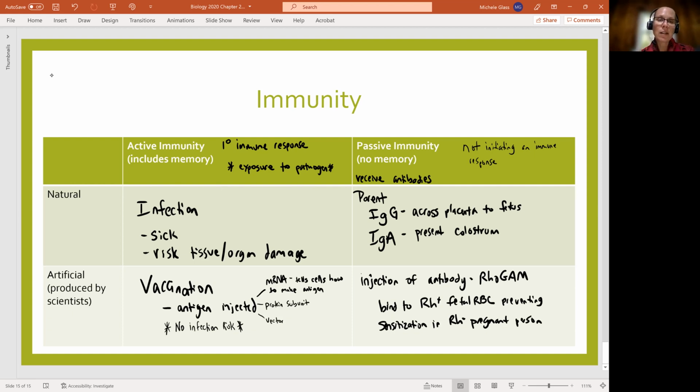So that particular individual doesn't have to worry that their immune system is going to target and attack their developing fetus, right? We talked about that in the cardiovascular system.